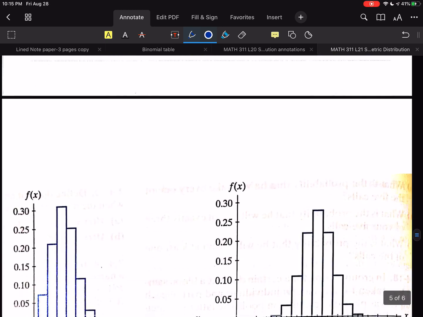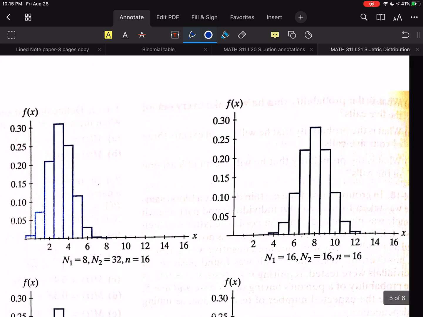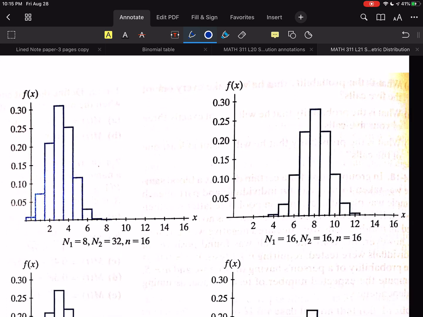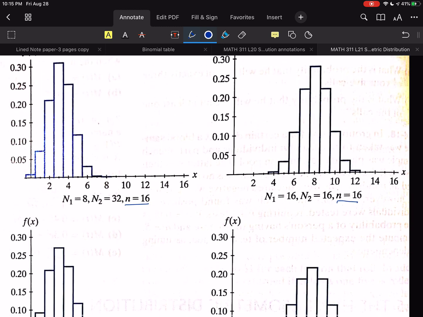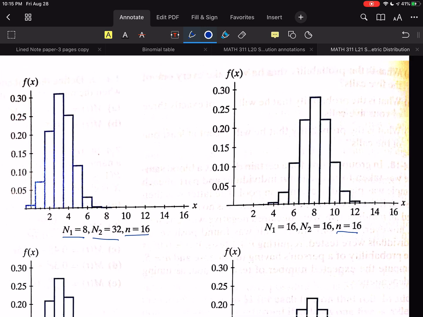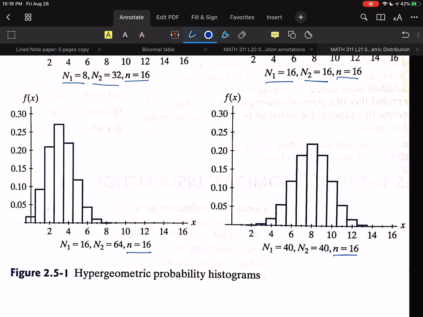So let's look at what different hypergeometric distributions look like. We're going to keep little n as 16, and let N1 be 8 and N2 be 32. We see that we have a slightly skewed distribution. Then here we have an equal number in N1 and N2, and we have a symmetric distribution, which makes sense as well.